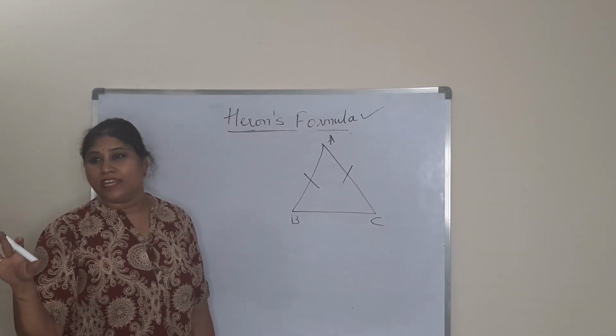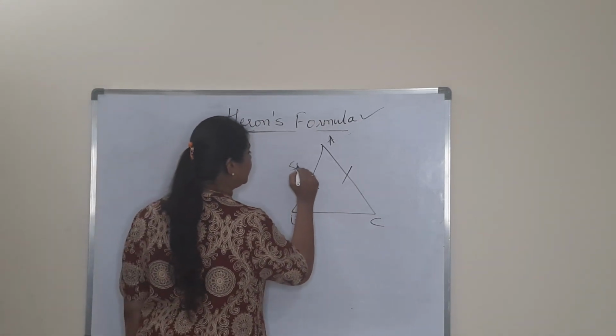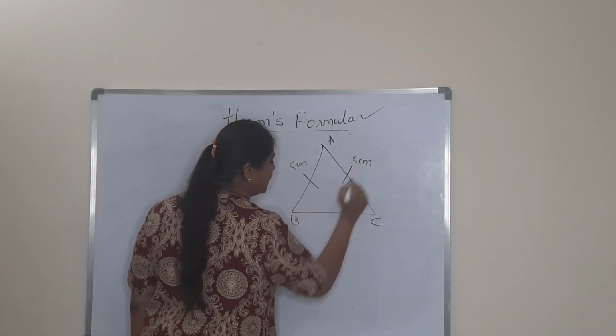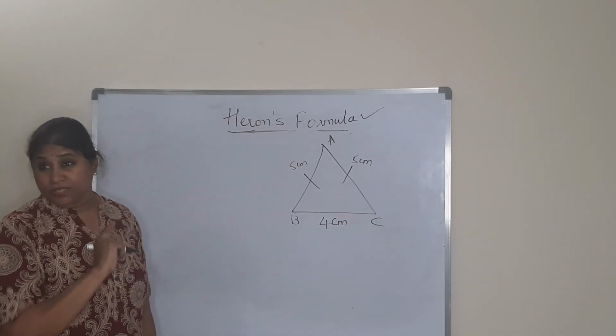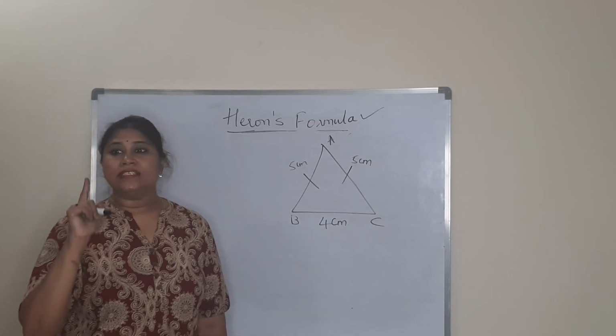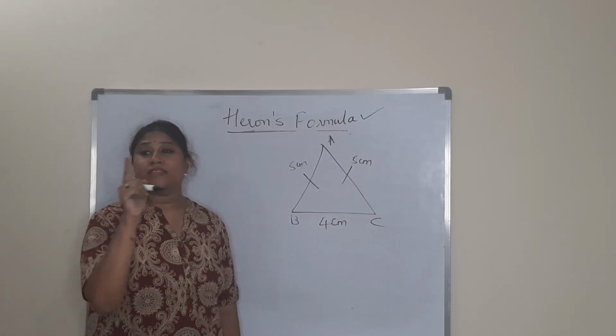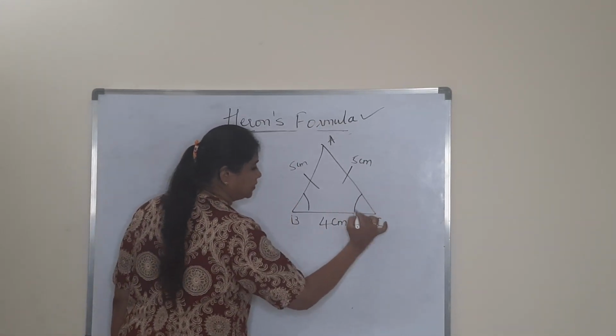And if all sides are different, that will be a scalene triangle. So it is 5 centimeters and this is 5 centimeters. This is 4 centimeters if I say. This is my isosceles triangle. In an isosceles triangle, two sides are equal and the angles opposite to the equal sides are also equal. Right? So this angle will be equal to this angle.